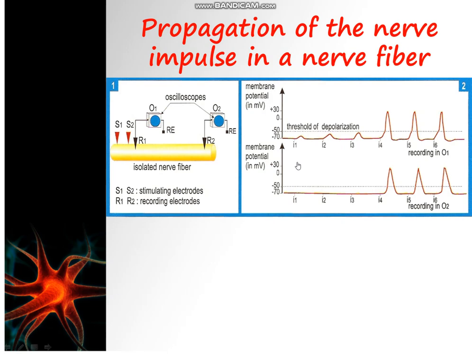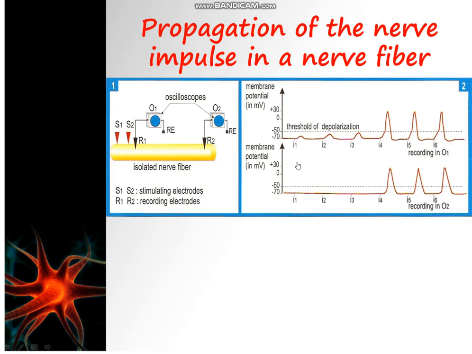First, you know that if we stimulate the nerve fiber, this triggers depolarizations, an increase of membrane potential. But sometimes no action potentials are triggered, and sometimes action potentials are triggered. What's the condition? There should be a minimum to be reached to trigger an action potential.